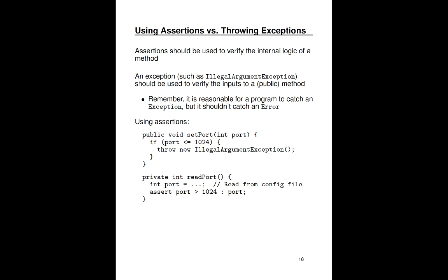However, let's say you've got a private method that reads a port from a configuration file, and let's assume the configuration file wasn't tampered with. There, if you trust the data that you're reading, maybe it's been encrypted or something, I don't know, you want to make sure that yes, your port is definitely greater than 1024. And if it's not, then you want to fail with an assertion error that contains the value port.